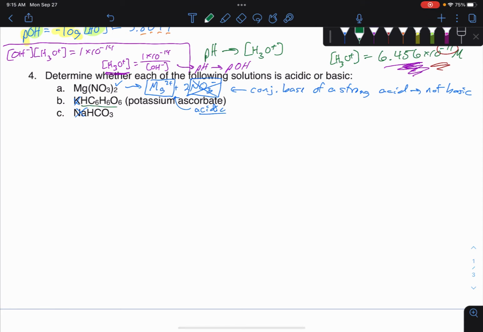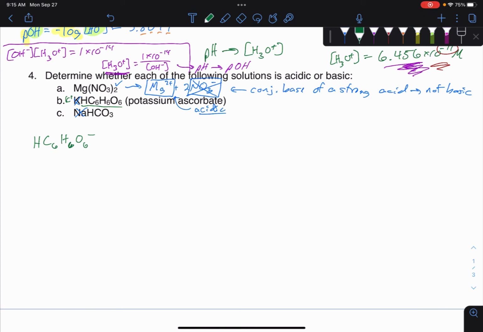So let's look at this ascorbate one first. So we have this formula. And one thing we have to recognize, it has a -1 charge, right? It is a salt. Potassium had a +1 charge, so it's equal and opposite charge for the cation and the anion.